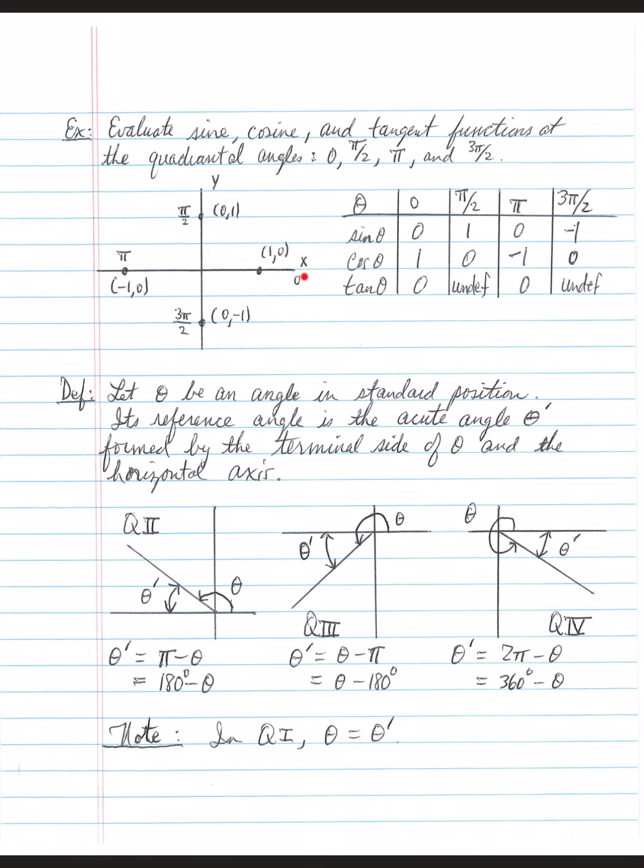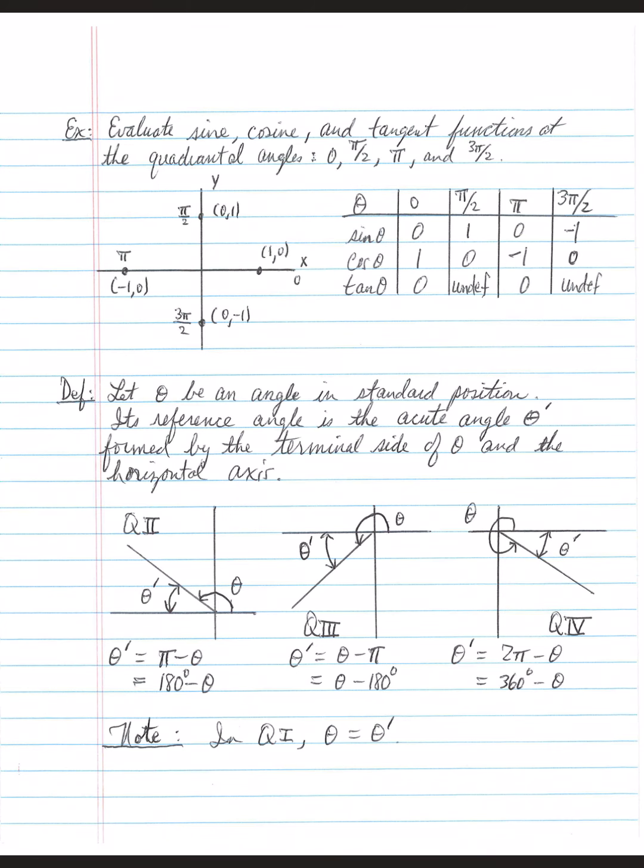The other angles, like at 0 or pi, y over x, 0 on top gives you an overall 0. So that's why tangent is 0 on the angles on the x-axis and undefined for the angles on the y-axis.